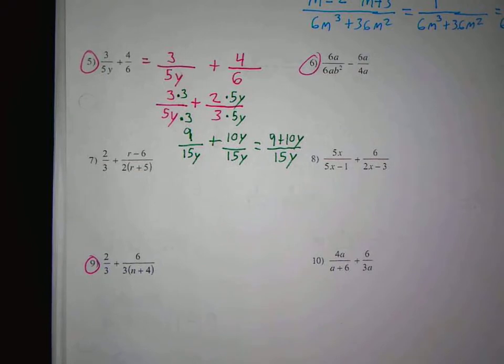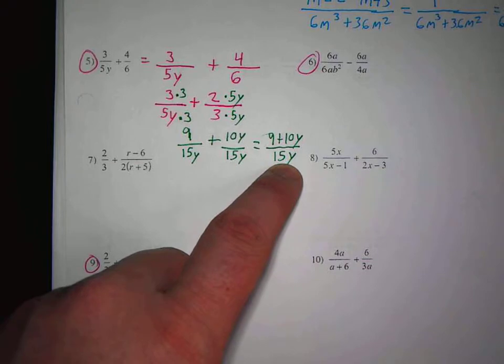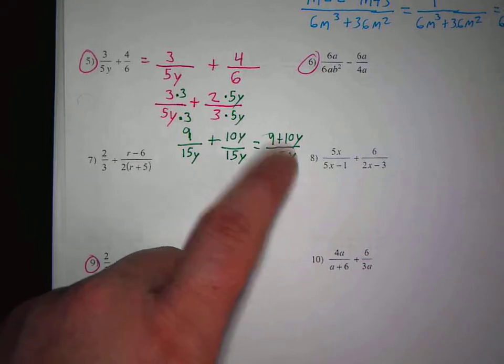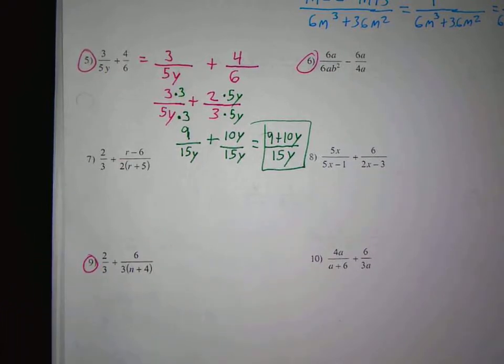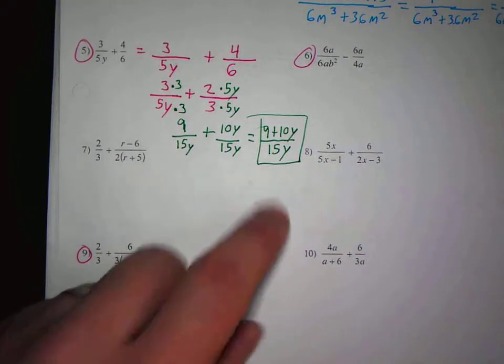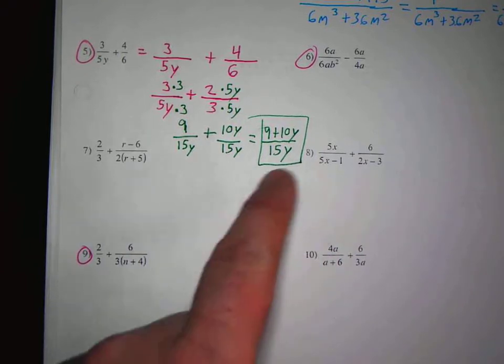Okay. And maybe even go a step further and put that in standard form, 10y plus 9 over 15y. You know, I'm not too worried about that. Does this reduce any? It does not. So this is your final answer. Just out of curiosity, even the answer key left it like this. I think it looks better as 10y plus 9 standard form, but technically that is still fine.